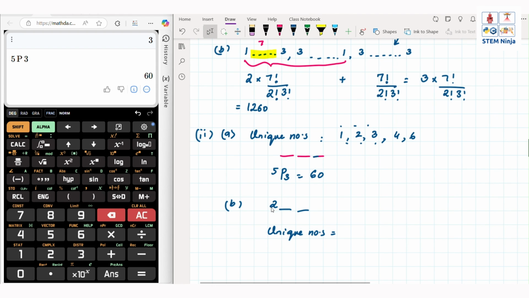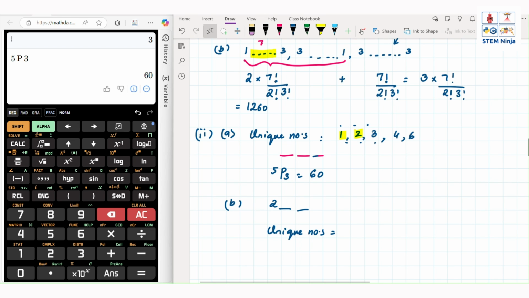If 2 has already been selected, then we can have any digit from over here in these 2 places. So from 5 options, we need to have arrangement of any 2. Because we do have 2 2s, we do have 2 3s, we have 3 6s. But we still want a unique number over here.